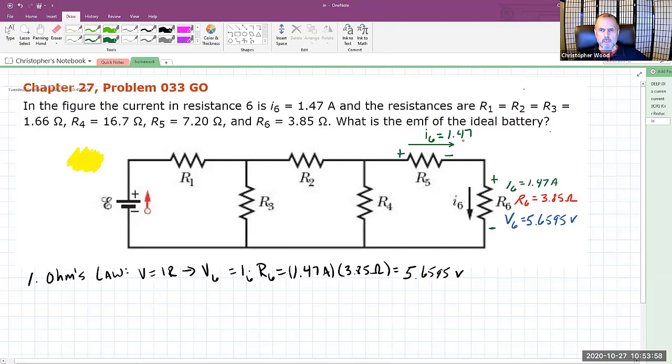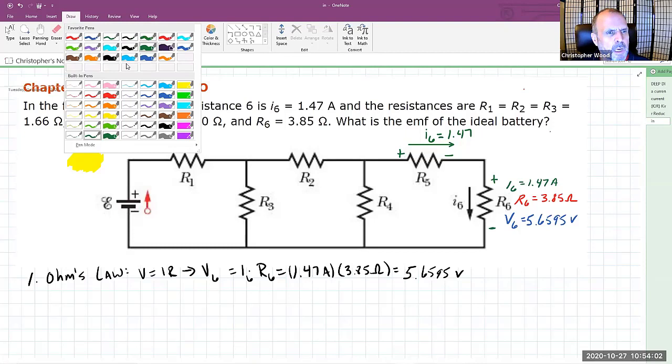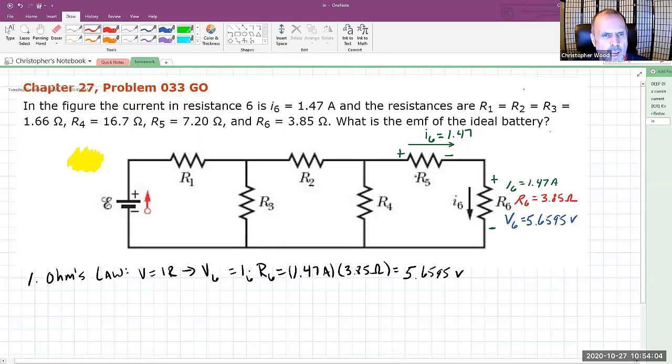Got it. Let's do this. The resistor value is R5. R5 is 7.20 ohms. Yep. And then let's go to voltage. This is another job for Ohm's law.